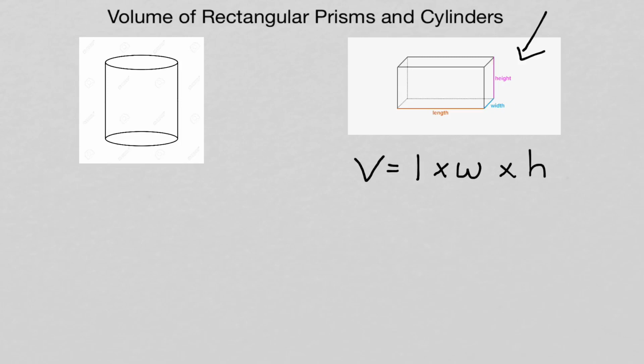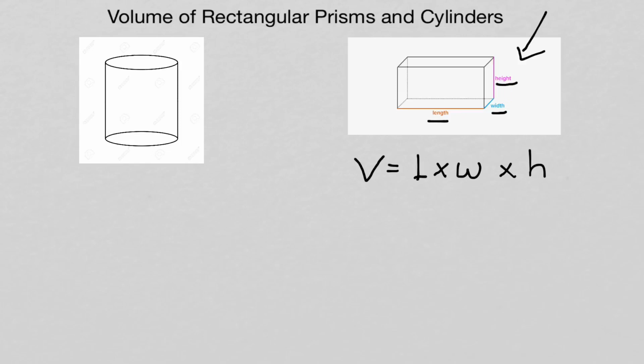You also might have seen this as base times width times height, but let's go with length for this. You'll multiply the length times the width times the height, and that'll be your answer. So, like I said, just a basic review on that.